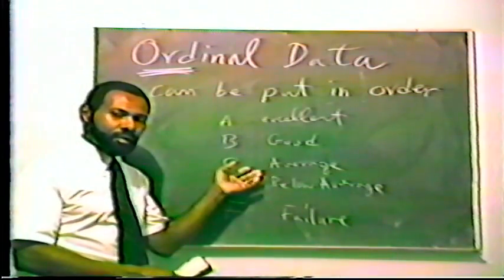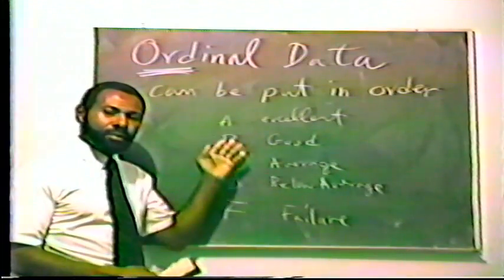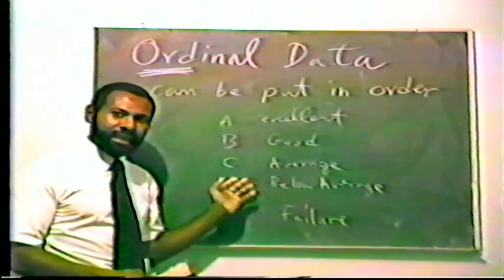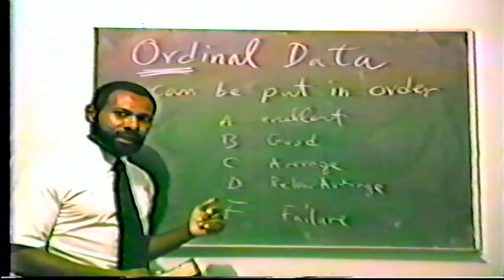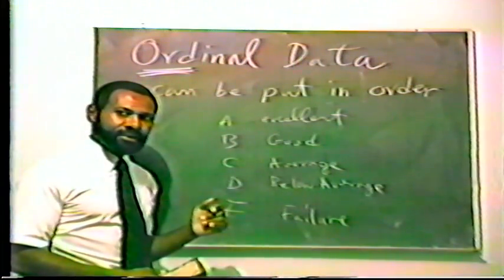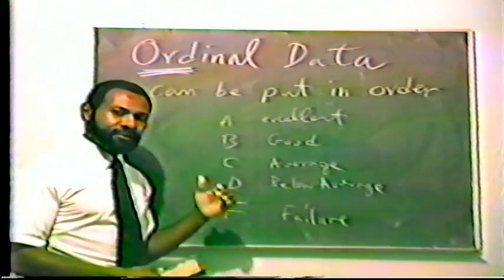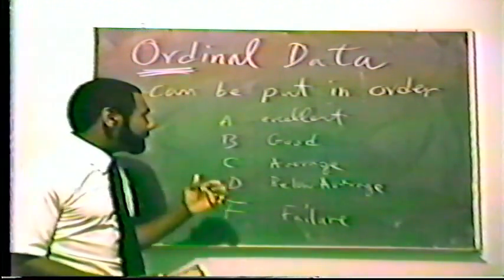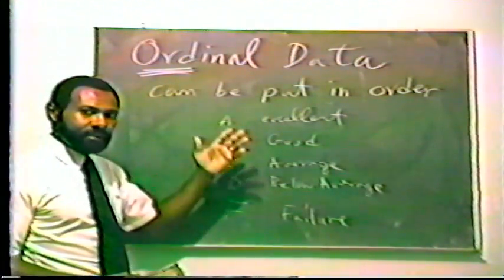So that's why the ordinal data, not only can it be put in order, but we can also have names. We can also have categories for ordinal data. And this is how it is with the other two higher levels of data. They satisfy the lower levels also. So we're giving the distinguishing characteristic of this type of data.